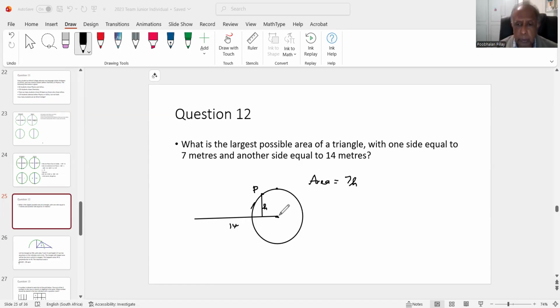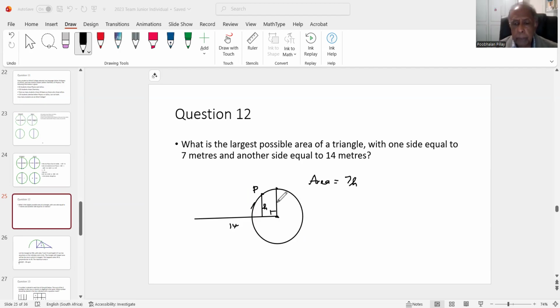So the largest possible area will be where the point is right at the North Pole. And of course, in that case, there will be a right angle here. So the highest point, and that h is maximum.